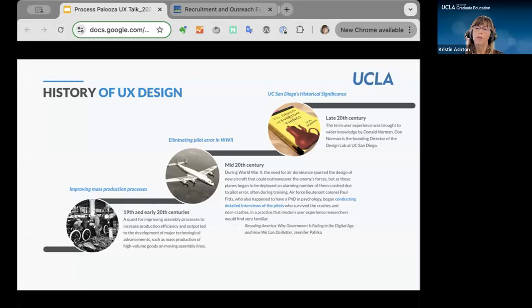And our workshop will teach you the current version of how that's done. And now in the 20th century, UX is UC's own Donald Norman, who is the founding director of the UC San Diego Design Lab. He introduced user experience to a much wider audience with his books and teaching. And you may be familiar with The Design of Everyday Things book. I'm really curious if anybody's read that. It's a great launching point for learning about UX.